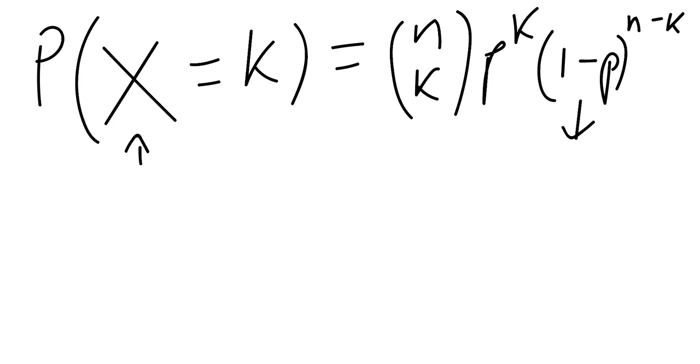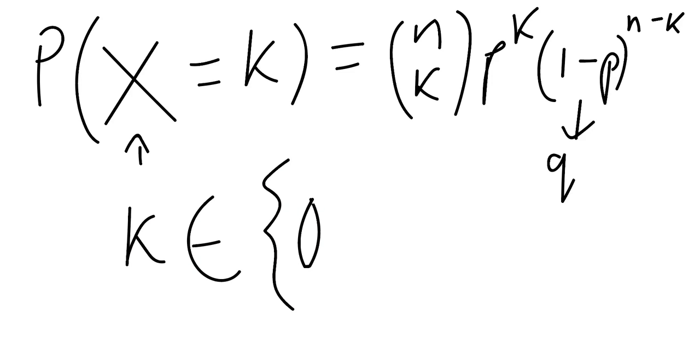You might see this written as q sometimes, but in the case of a binomial distribution, we just write 1 minus p. The thing to note is that k is in 0, 1, 2, all the way to n.